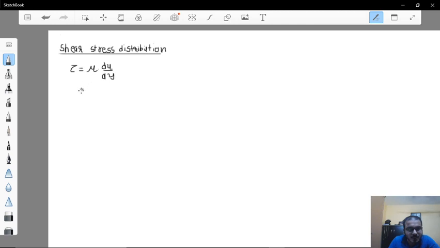Tau is equal to mu into d upon dy of minus 1 over 2 mu del p over del x into t y minus y square.